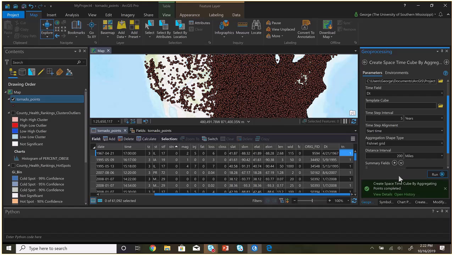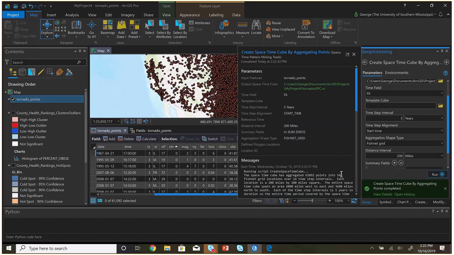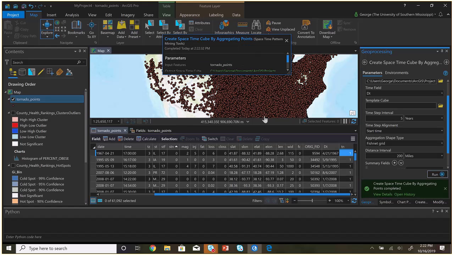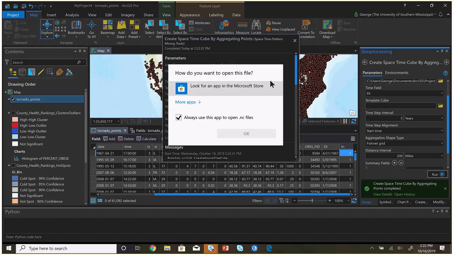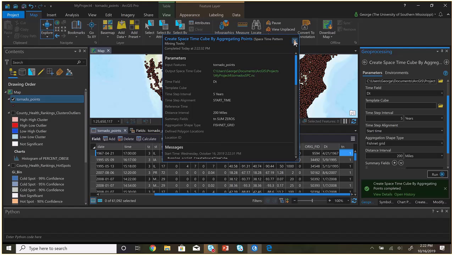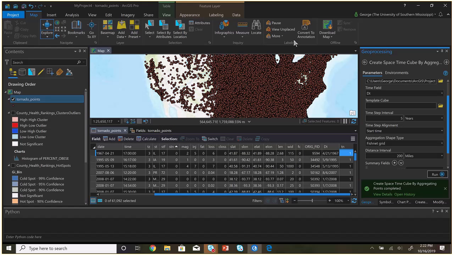They'll be zeros. Now we'll run it. All right. So it created the space-time cube, and that space-time cube exists on disk. It's this file. ArcGIS doesn't even open that by default. There's no way to visualize that until I run some analysis on it.